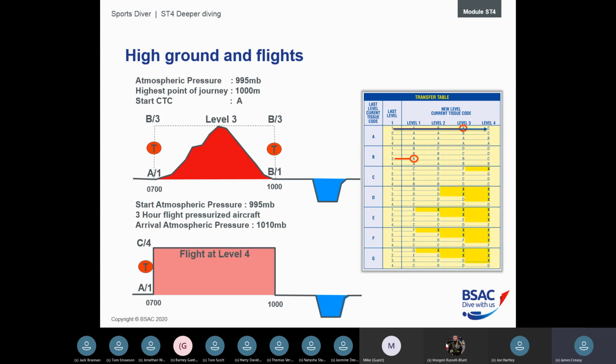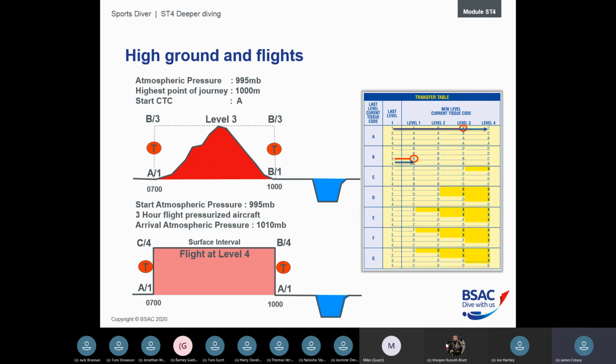Now we're going to come back down and ascend C4, so level 4 C. We then have our interval, or our flight, and after a 3-hour surface interval from a C tissue code, we've now got down to a B tissue code. So we now need to start looking at our last level: tissue code is B, but the level stays the same because we're still at that height.